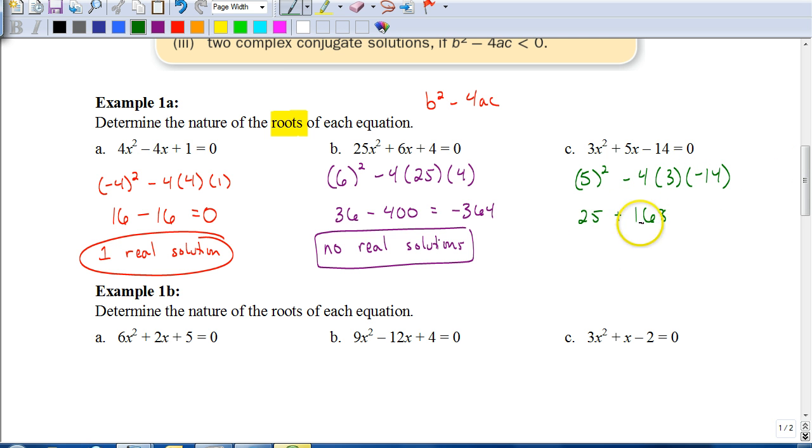So this time we have 25 plus 168. Even if you didn't add those together, you'd know it's going to be a positive answer, meaning I'm going to have 2 real solutions. And if you were to add these together, technically you'd get 193 as your answer.